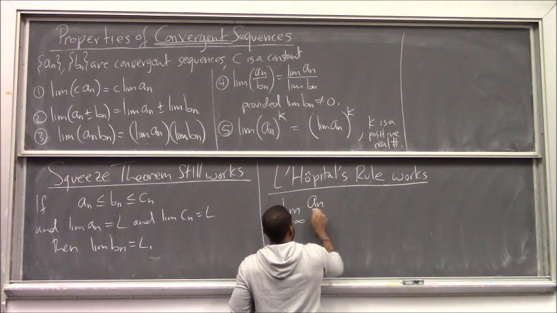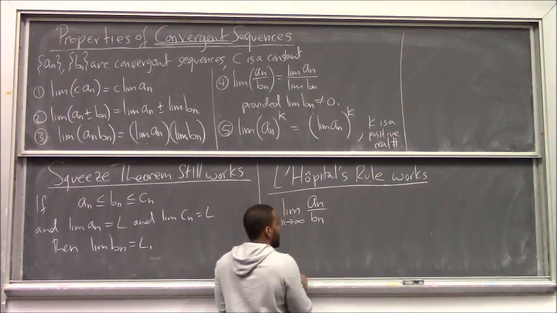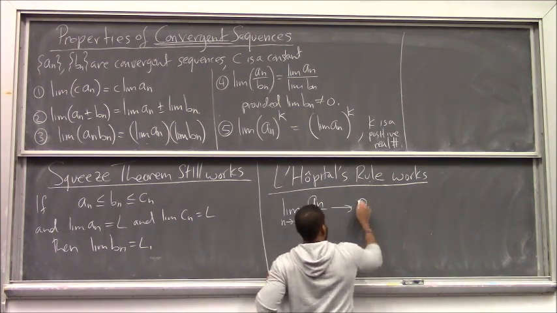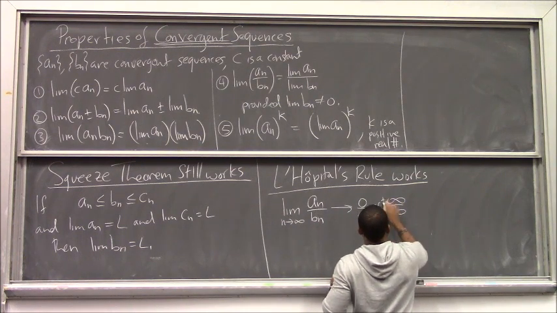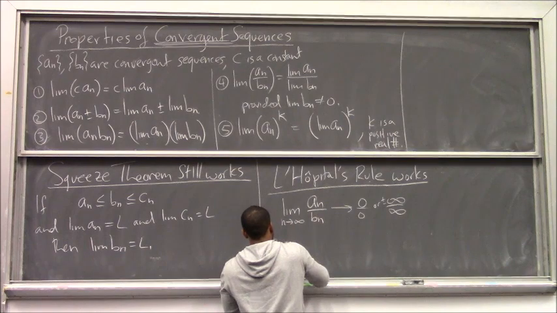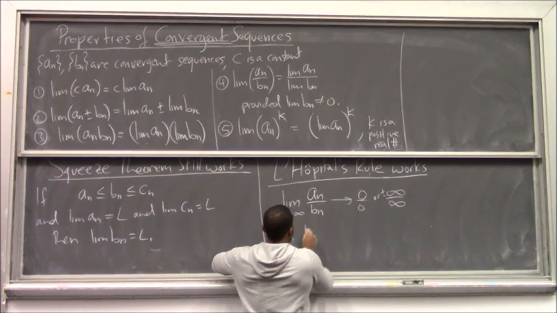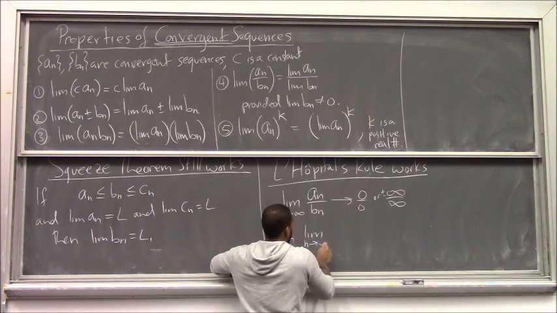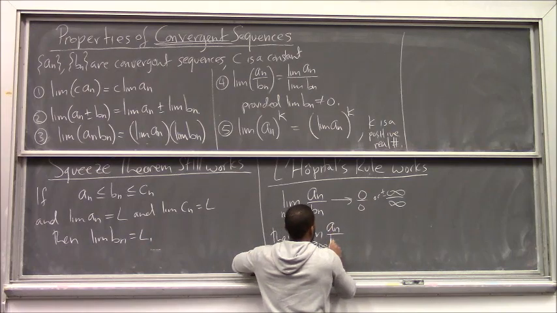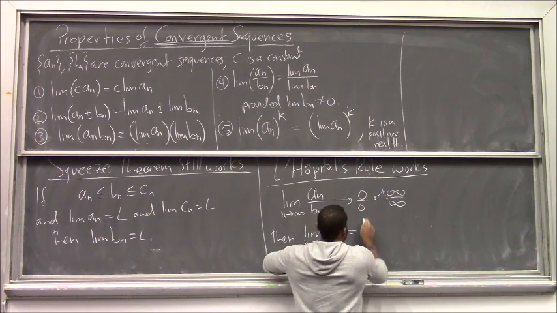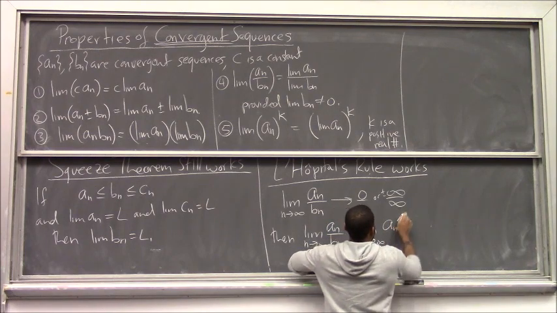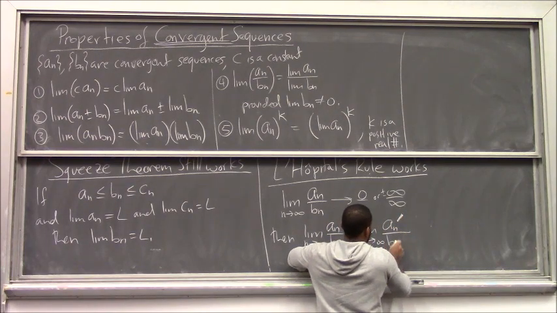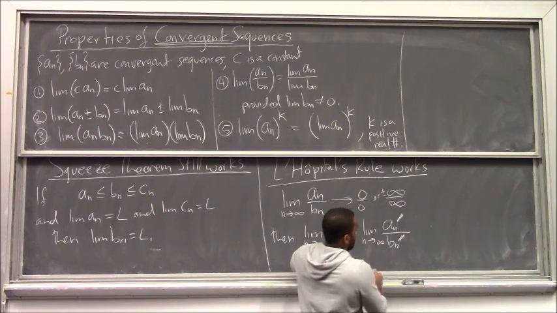So if you have a limit of sequences, an at infinity, and that approaches 0 over 0, or plus or minus infinity over infinity, then you can calculate that limit as you approach infinity specifically, by computing the derivative of an divided by the derivative of bn.